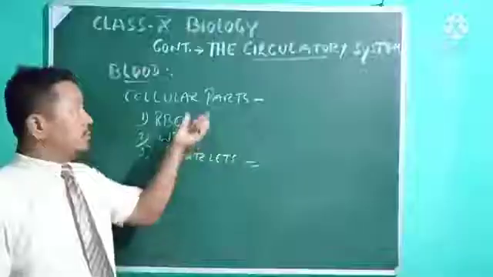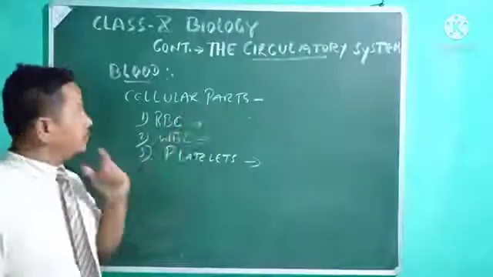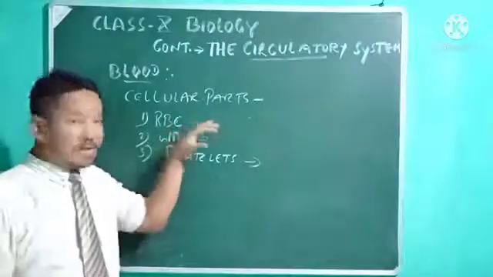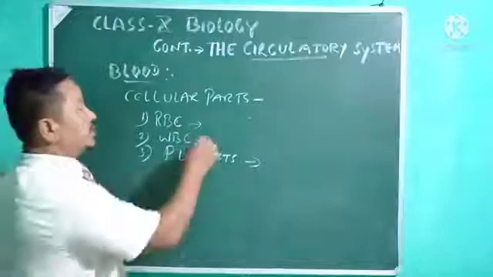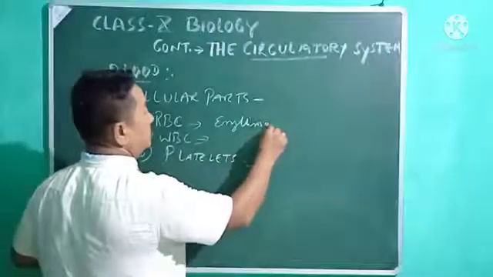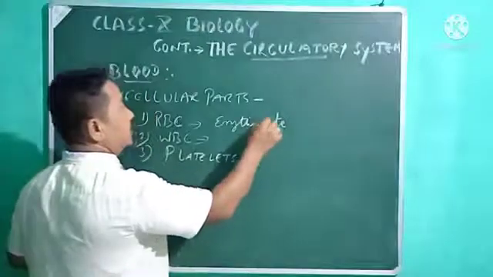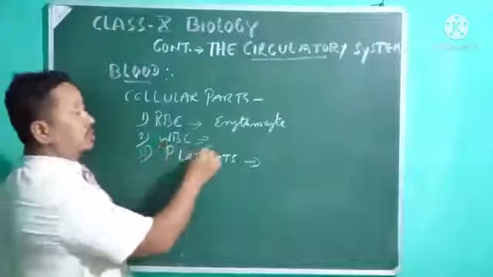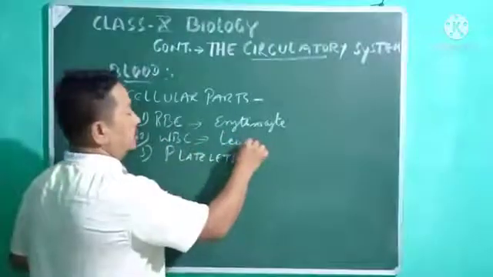Cellular parts of the blood. These cellular parts of the blood include, as I've told you before, RBC, which is also known as erythrocytes. Then the second one is WBC, which is also known as leukocyte.